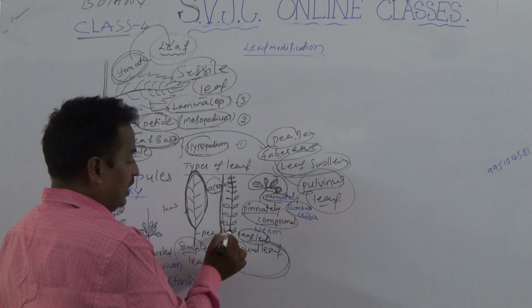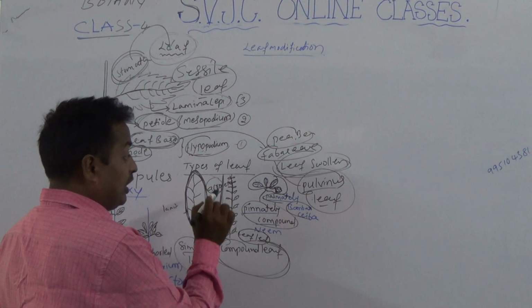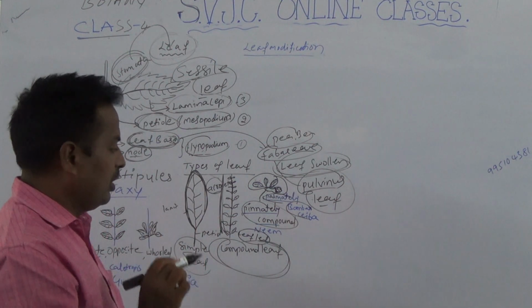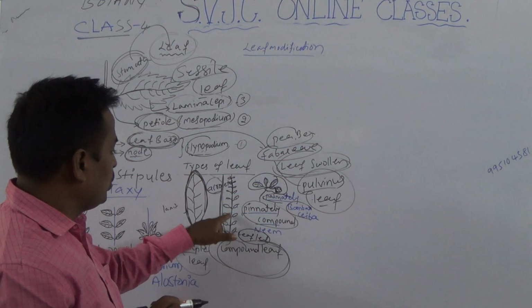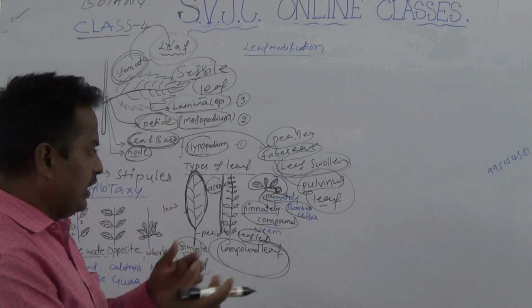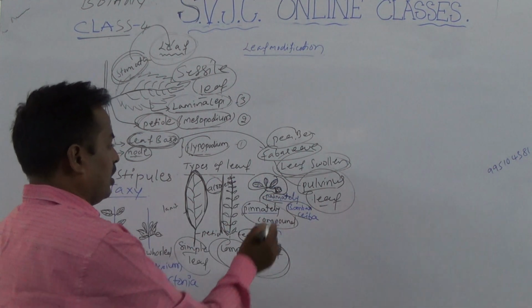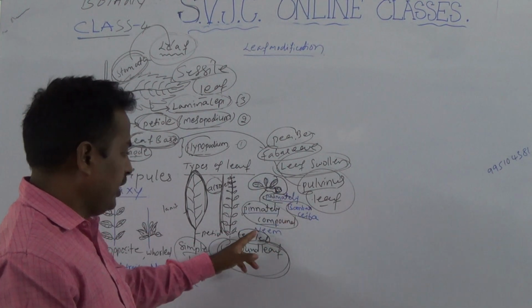But in pinnately compound leaves, the leaflets are formed at different nodes. 1, 2, 3, 4. In palmate, all leaflets arise from a common point. Examples: Bombax ceiba and neem.